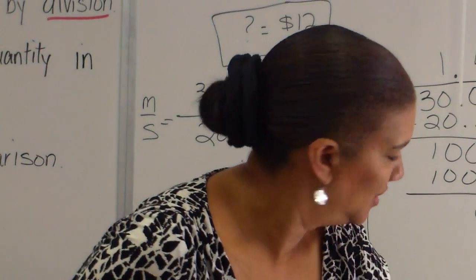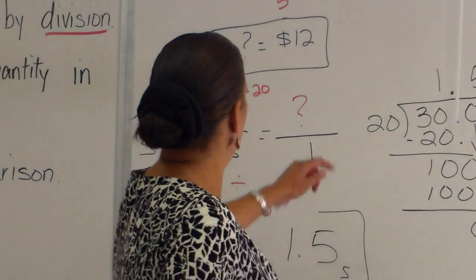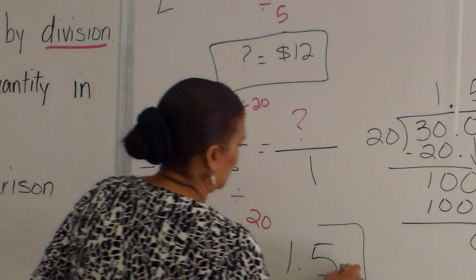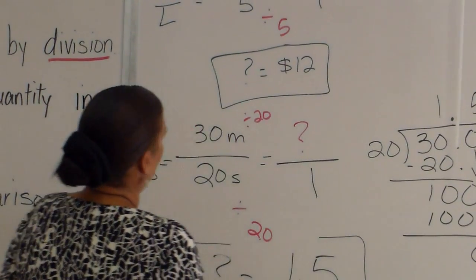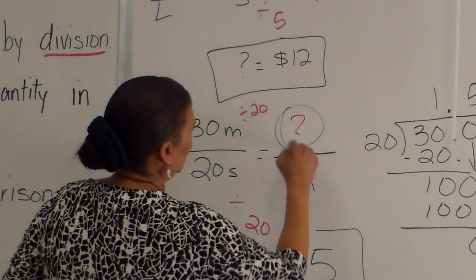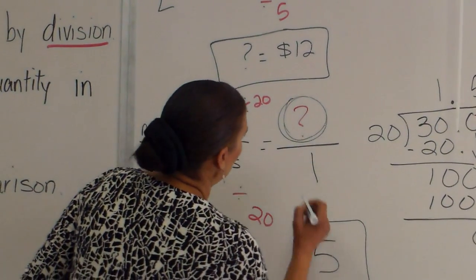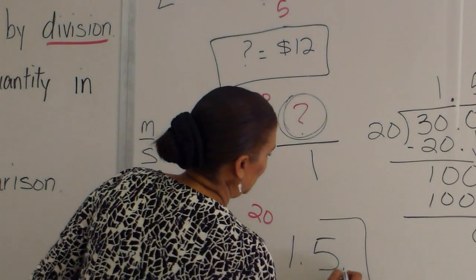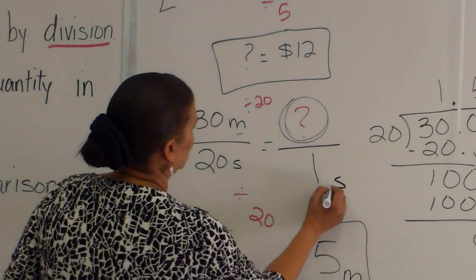Wait, he walks, we're solving for meters. Whoops, you guys are not catching me this time. He walks 1.5 meters. We're solving for the M here. He walks 1.5 meters in 1 second.